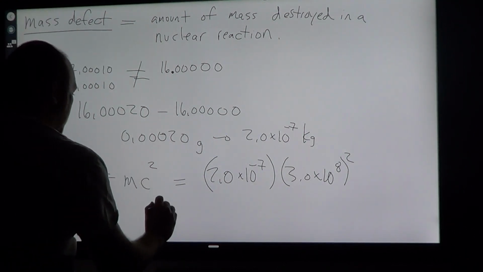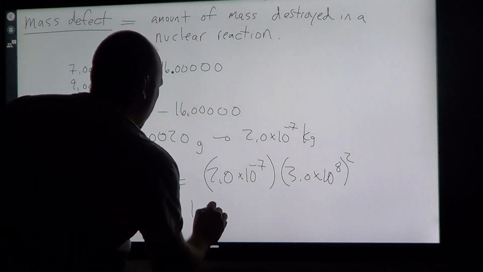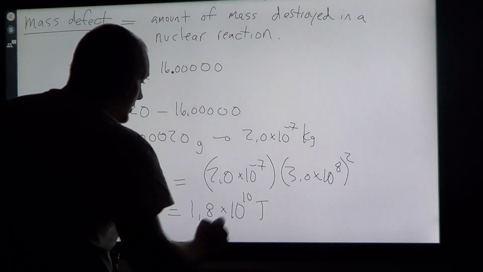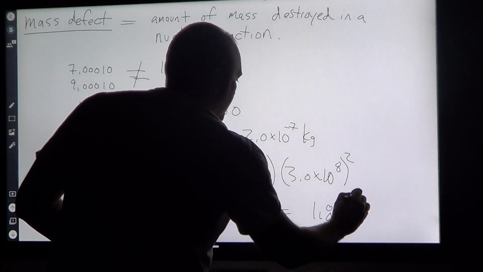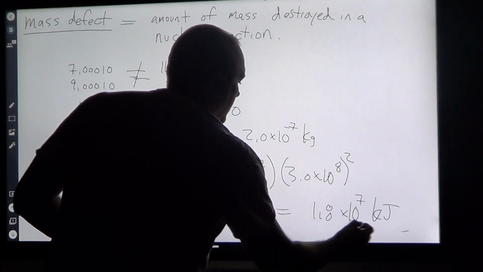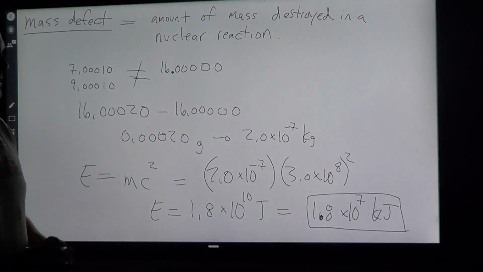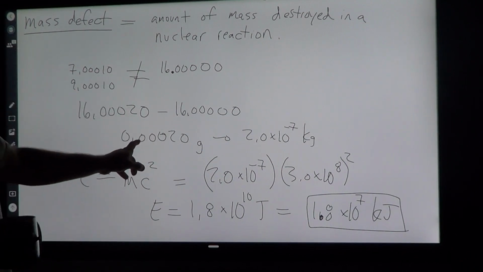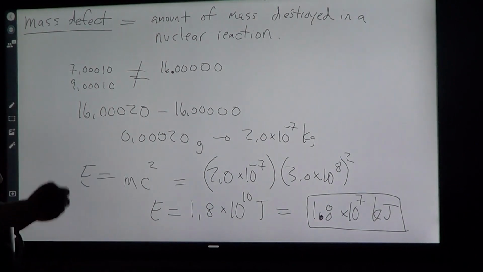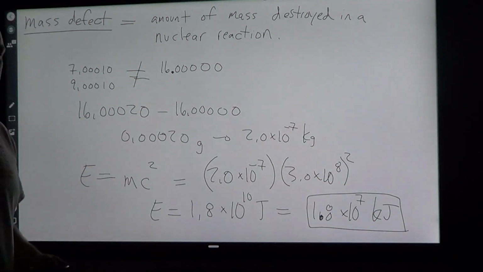you will get 1.8 times 10 to the 10th joules, which is 1.8 times 10 to the 7th kilojoules. So this reaction with only 0.00020 grams of mass undergoing a nuclear change will release 18 million kilojoules.